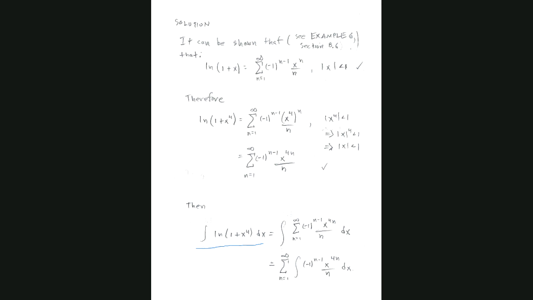But in this case, because there's a lot going on, it's easier just to work with the indefinite integral of the log of 1 plus x to the fourth, get the power series for the indefinite integral, and then work with the definite integral later on. So the integral of the log of 1 plus x to the fourth dx is the integral of its power series. And the integral of a sum is the sum of the integrals. So that gets us to this stage right here.